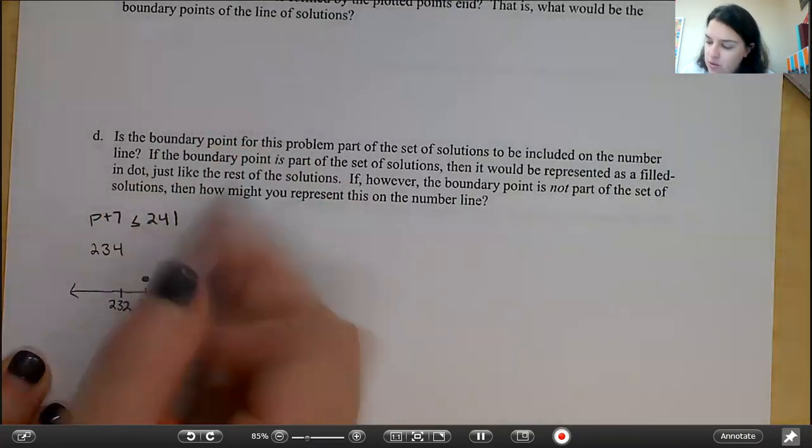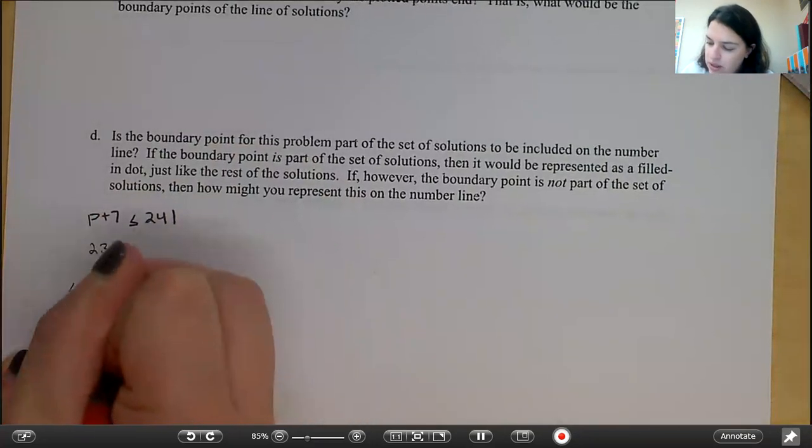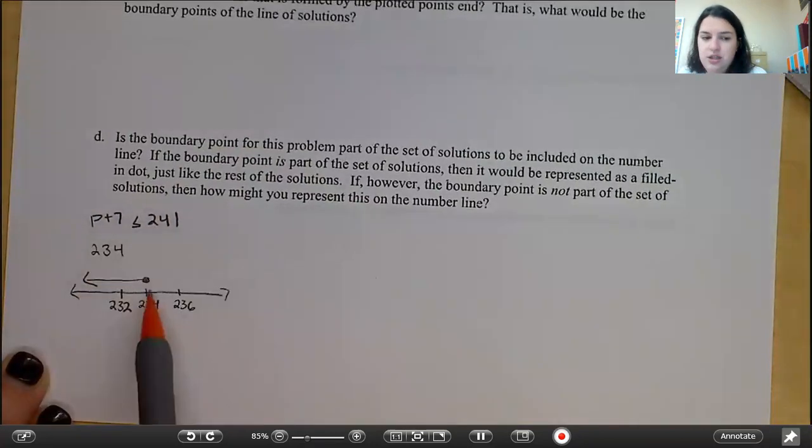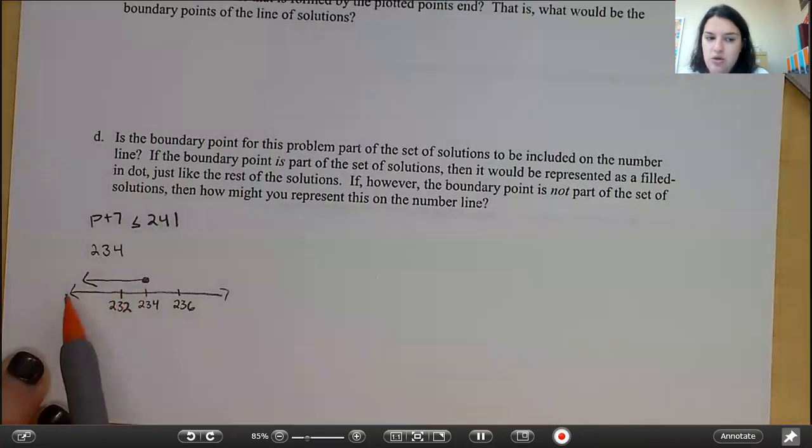And whatever way the inequality is going is the way your arrow is going. So when we graph this, this is representing that 234 or any number less than 234 makes the inequality true.